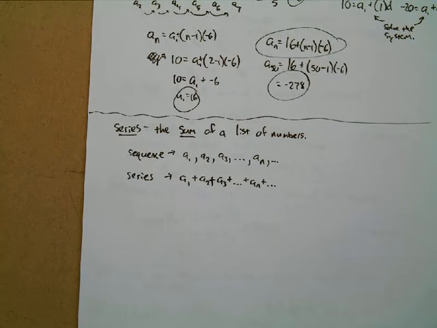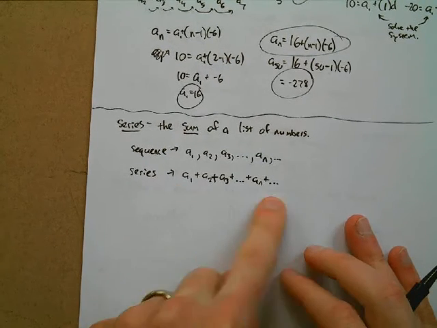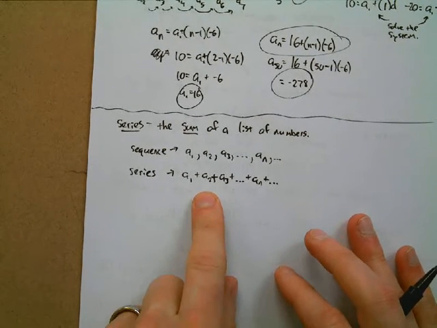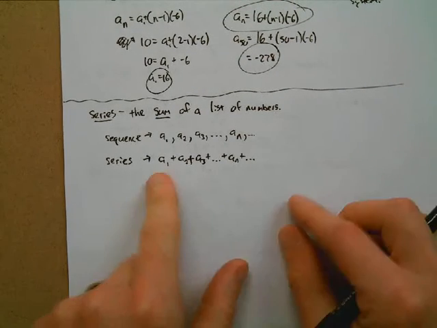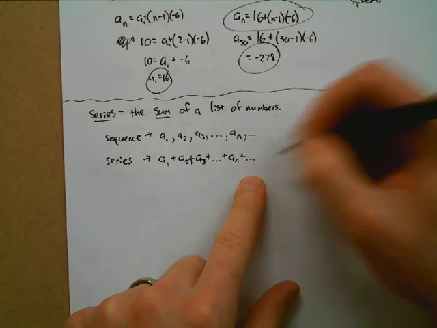Someone just groaned. Sigma, S-I-G-M-A, is the Greek letter that sounds like S, so it's for sum.